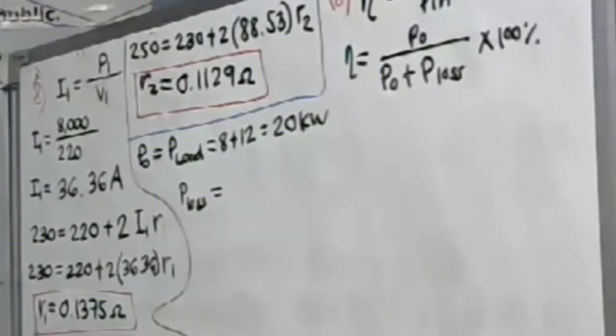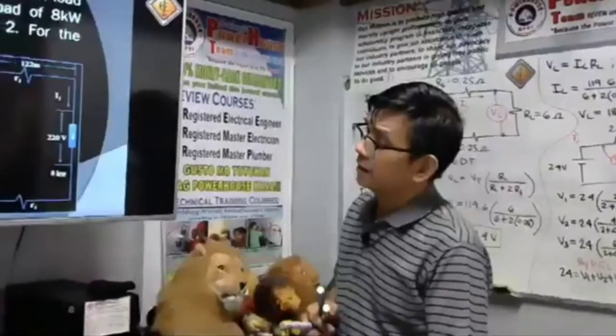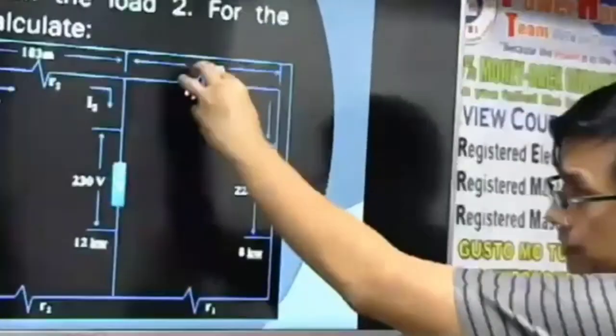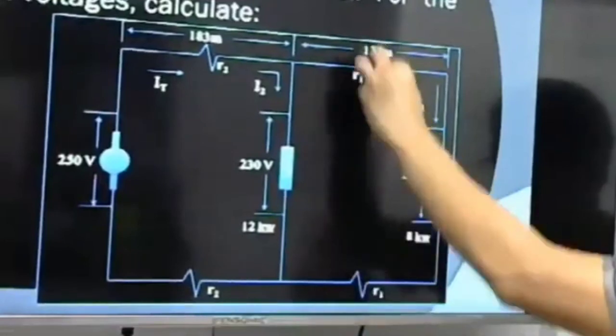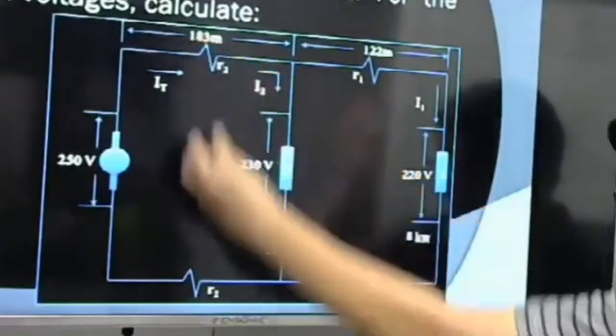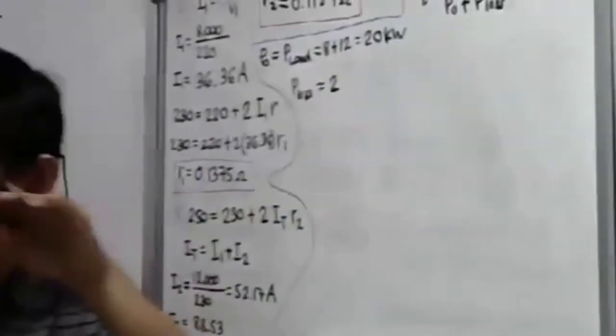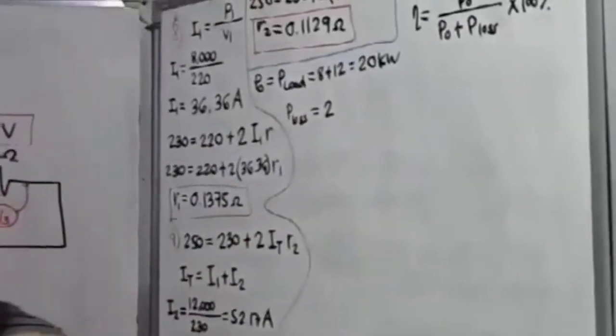Okay? So let us take a look again at our circuit. There is a power loss in R1, we have two R1. There's also power loss in our R2. For the P loss 1, I put here 2 because there are two conductors, the up and the down conductor, line 1, line 2.